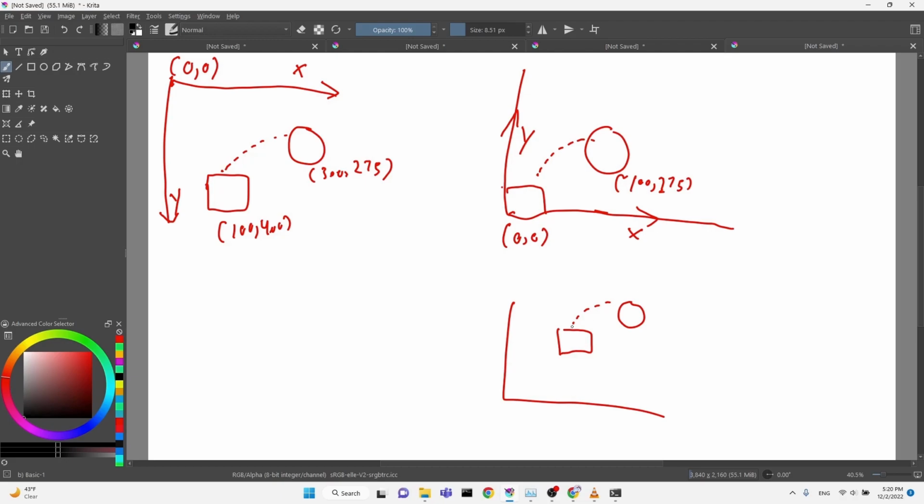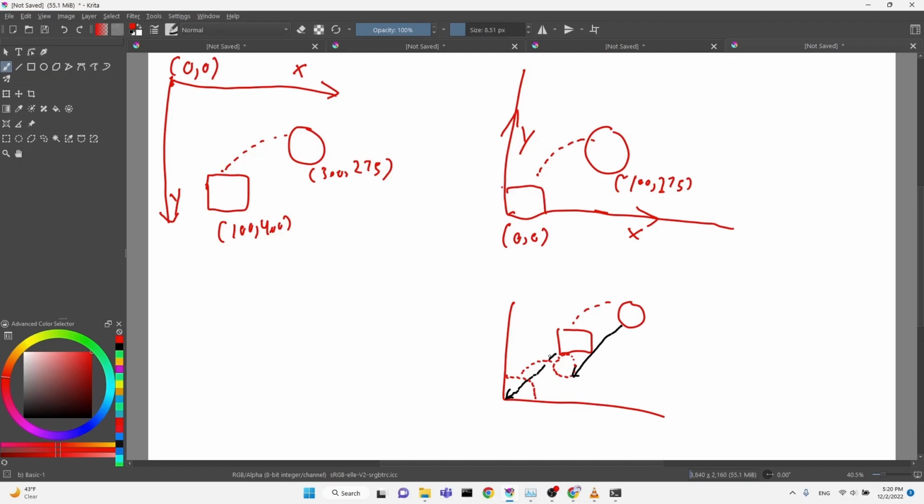But we can make it work by offsetting the shooter's position to 0, 0, and offsetting the target's position accordingly. And only then could we actually use the formula to shoot at each other, right?